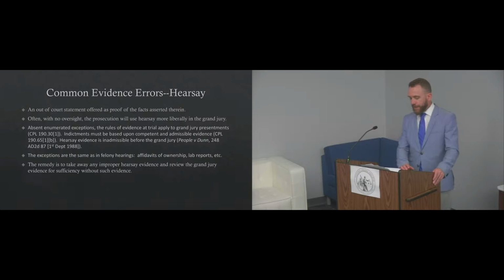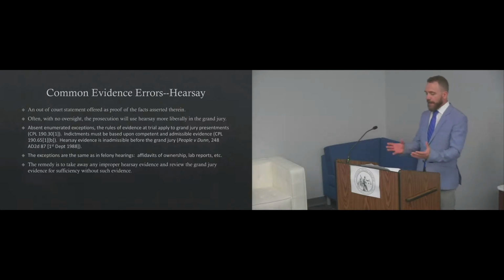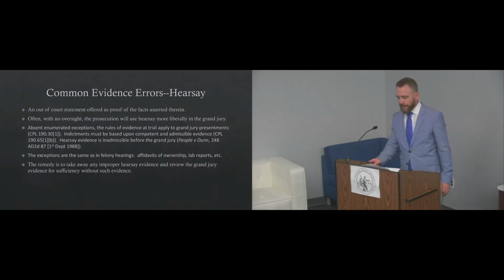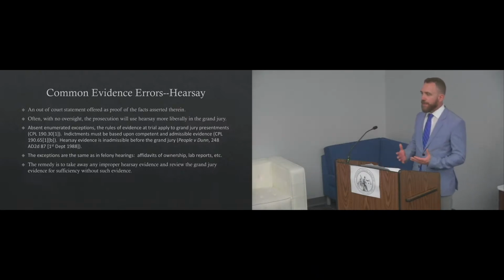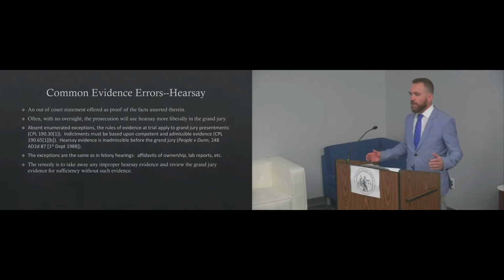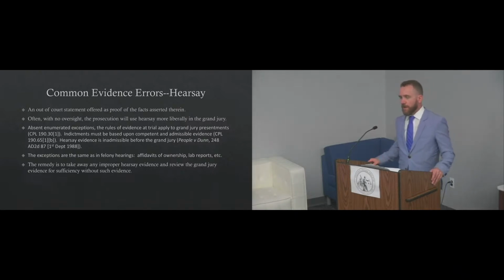Now, I talked about the remedy, and it's to take away any improper hearsay evidence and then review for sufficiency without that evidence. Because remember, we talked about what the standard is, and the indictment has to be based upon competent evidence, which, if true, would establish every element. So you're going to remove the incompetent evidence, the stuff that should not have been admitted, and then analyze it that way. But I think if you have a number of errors, it can go beyond that.